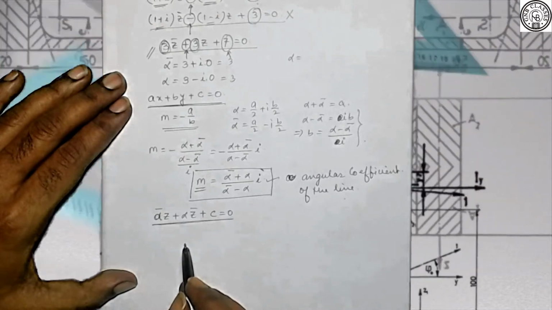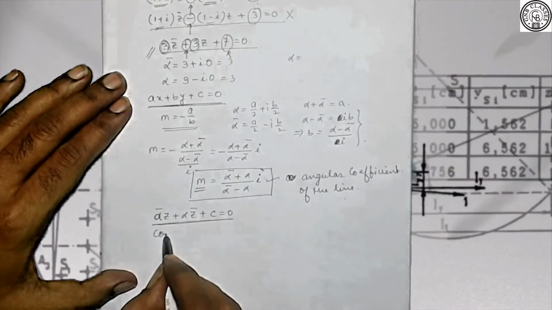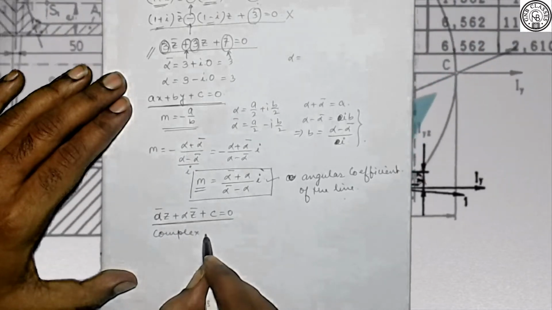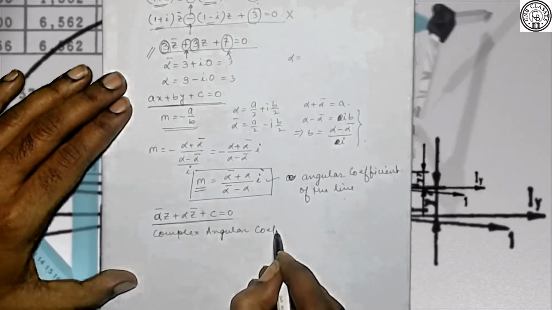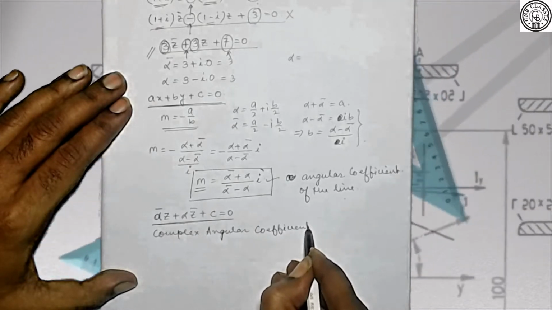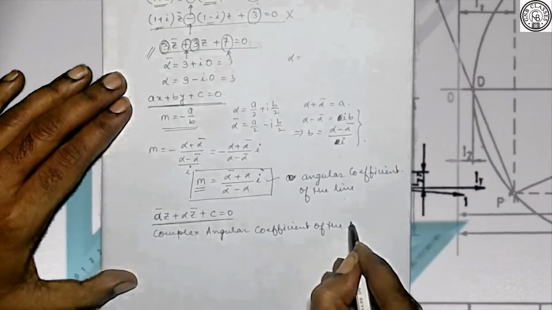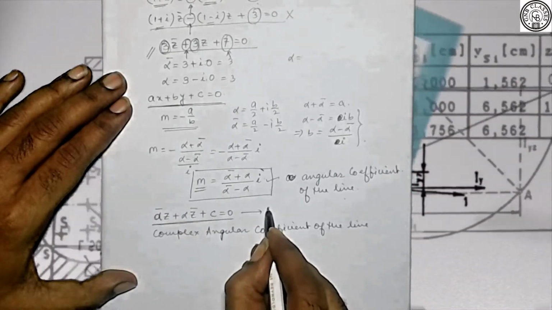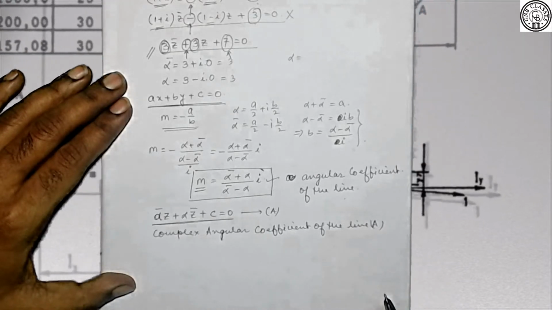This slope is what is called your complex angular coefficient of the line. So this line is A. So of the line A on the complex plane.